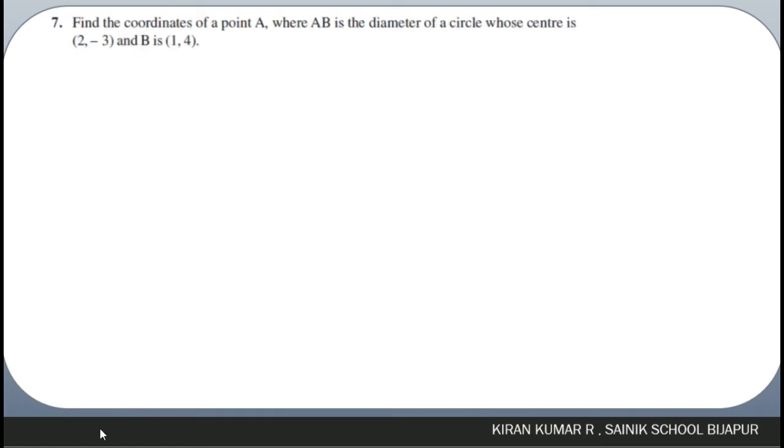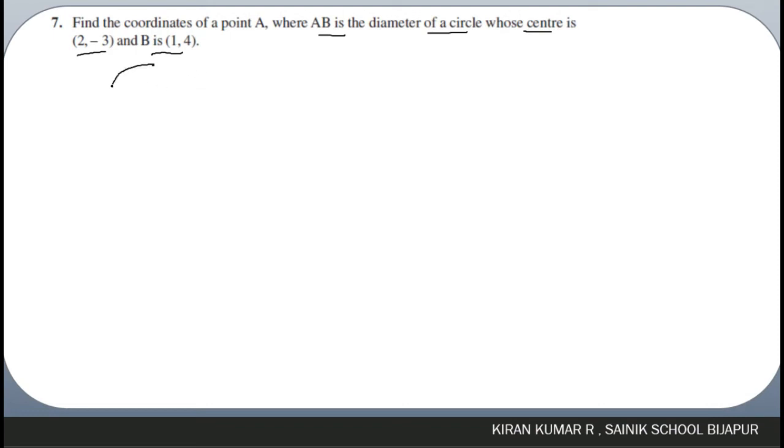Question number 7. Find the coordinates of a point A where AB is the diameter of a circle whose center is (2, -3) and the point B is (1, 4).